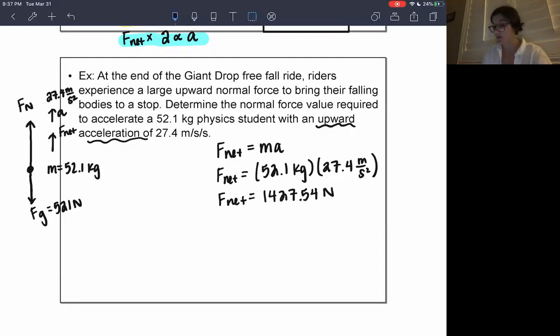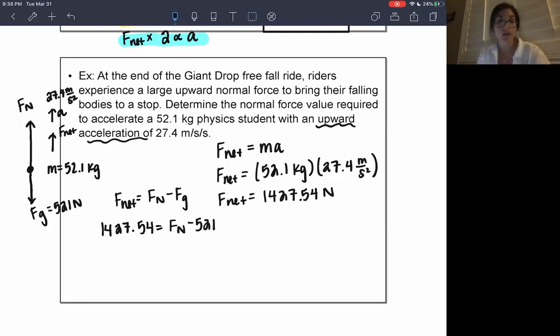So let me write out in an equation what I mean by that. My net force is the difference between my normal force and my gravity. And since my normal force is the larger force, that's the one that's subtracting the other force. So if I know my net force is 1,427.54, but I don't know my normal force, but I do know that my force of gravity is 521, I can solve for my normal force.